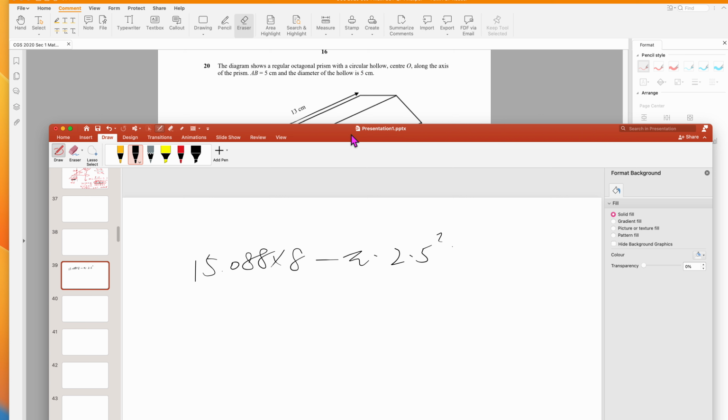Open balancing off. Write down what you get from the calculator.